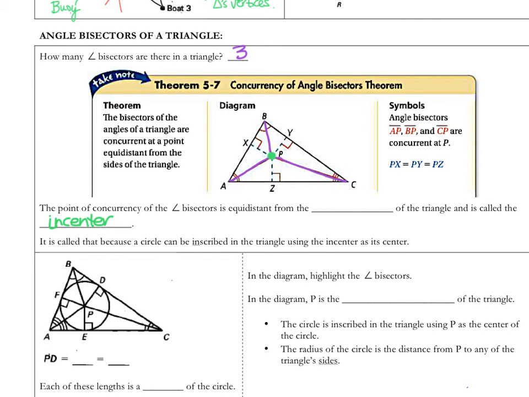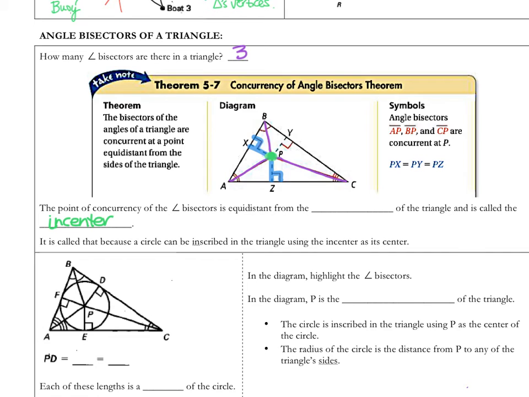Okay, which means that in this picture, those 2 segments are congruent. Now notice that they're doing the perpendicular distance because that's how you measure distance from a point to a line. The distance from point P to each side of the angle has to be the perpendicular distance.